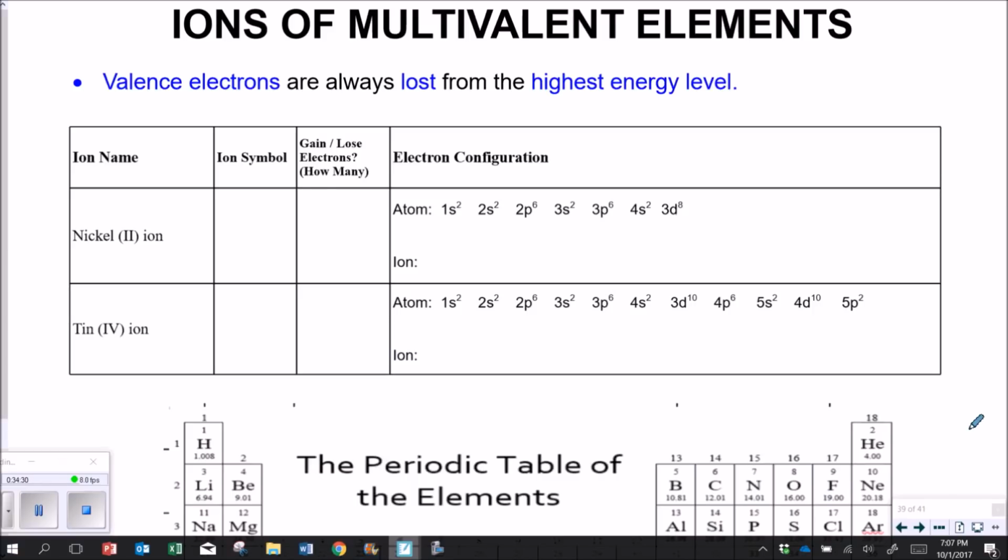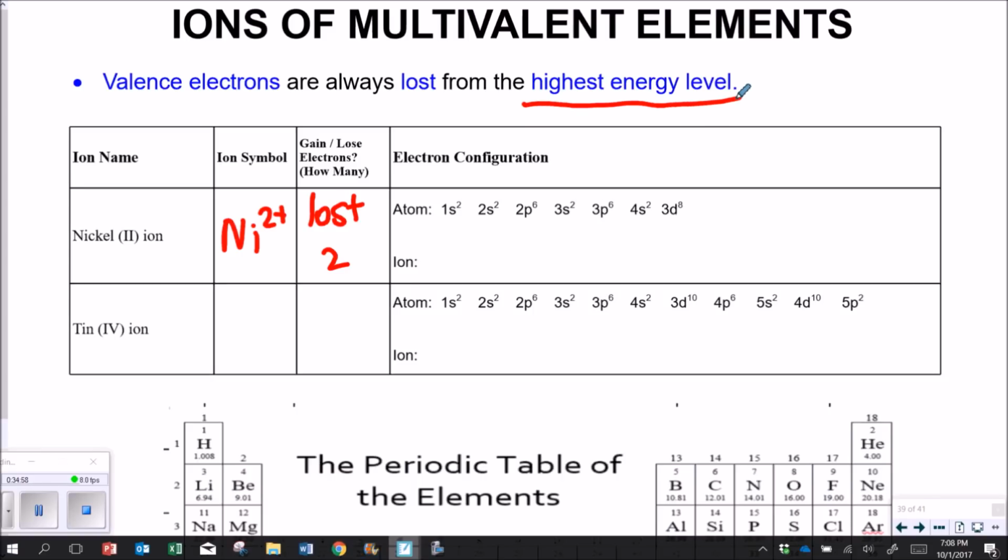So if we have nickel with a Roman numeral 2, it means that we have nickel with a +2 charge. And that means it lost 2 electrons. Now, the electron configuration for the original atom of nickel ends with 3d8, but the ion will have lost electrons from the highest energy level first.